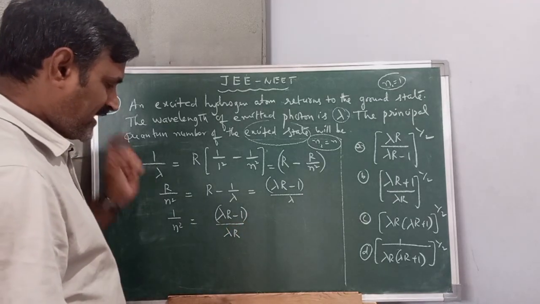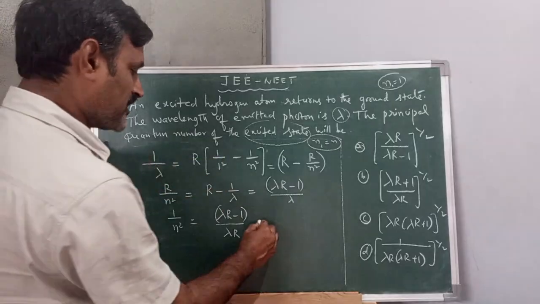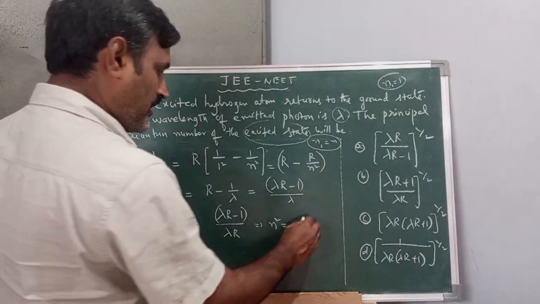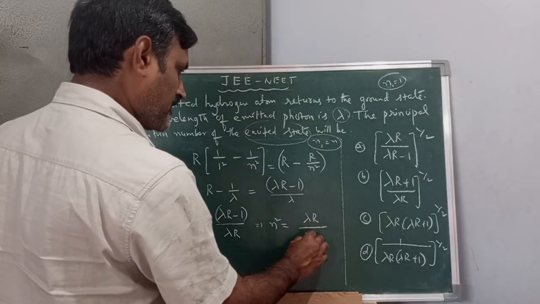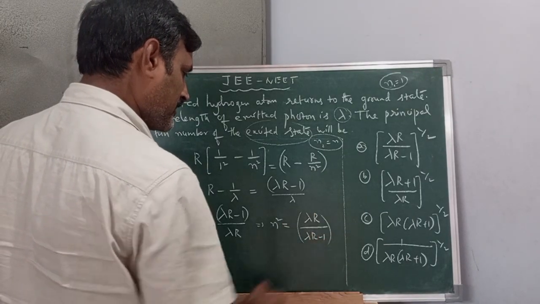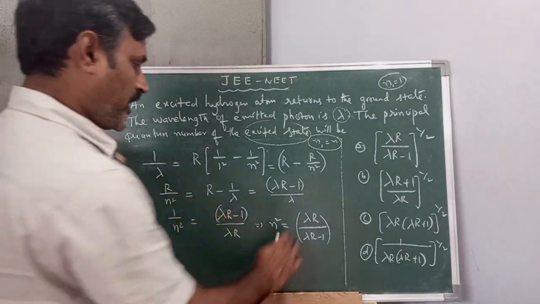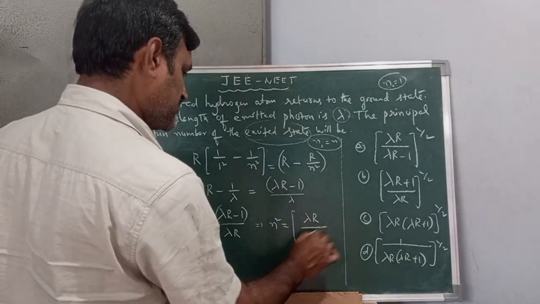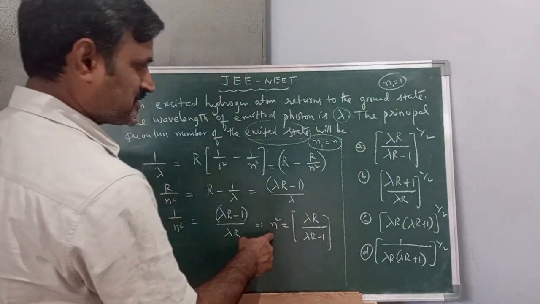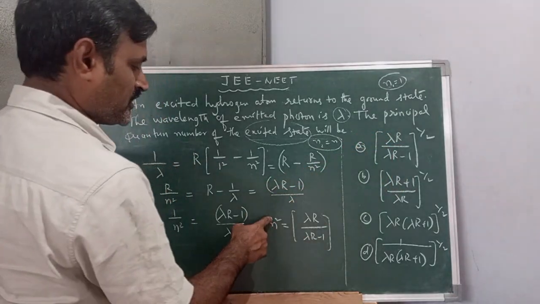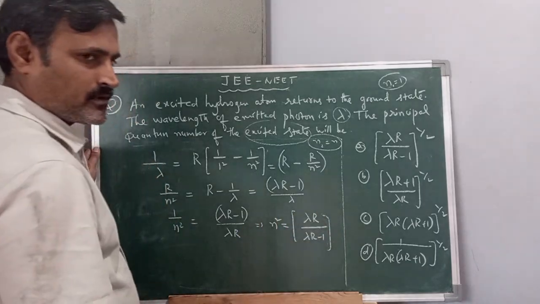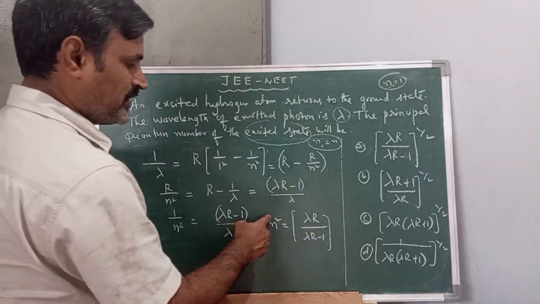Now we have to find the n square answer. From this expression, n square is lambda R by lambda R minus 1. n is the answer you have to find. This is n square, so sending the square to that side, it becomes power 1 by 2.